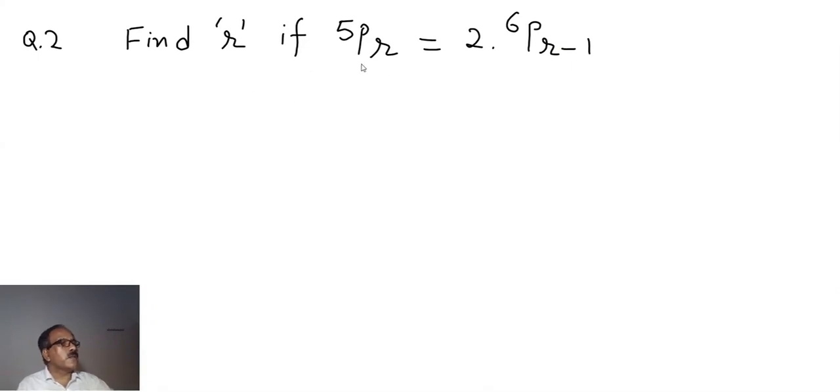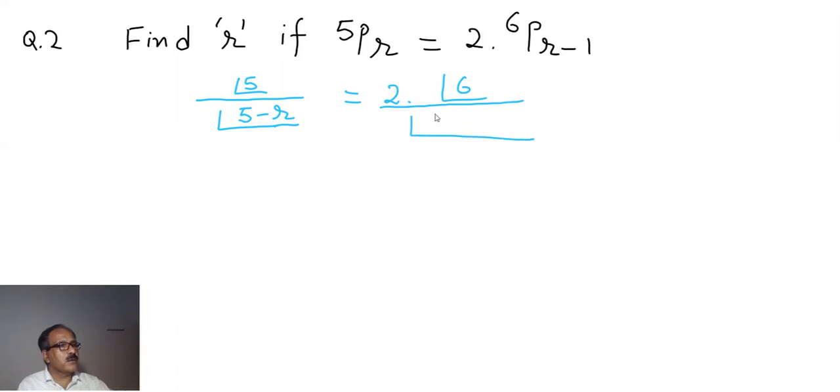So 5Pr means in place of n is 5 and r is r. So applying the permutation identity, then we will have factorial 5 upon factorial 5 minus r. Now see in right hand side 2 as it is. This is factorial 6 upon factorial 6 minus (r minus 1).